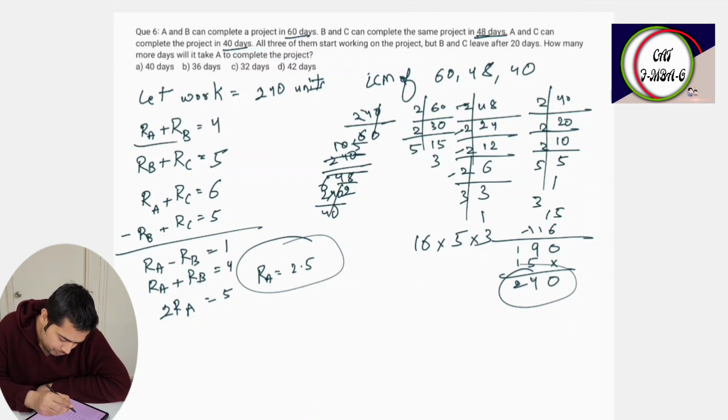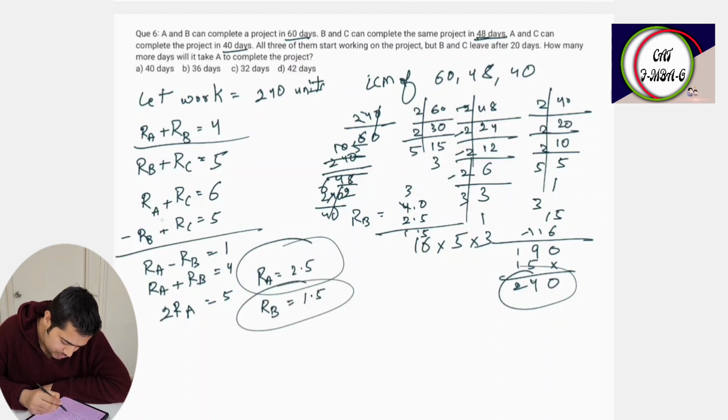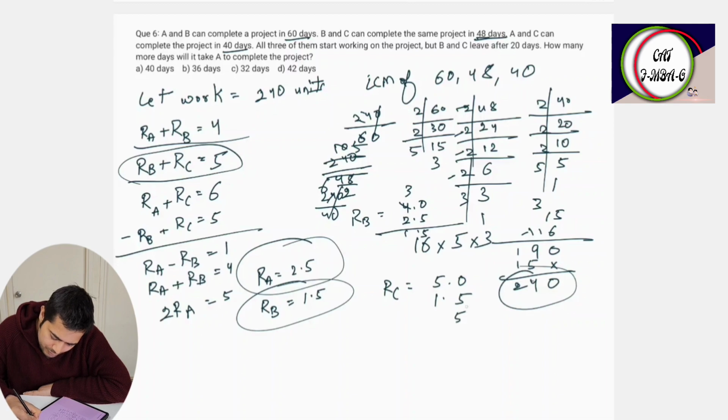RB is 4 minus 2.5, so RB is 1.5. RC is 5 minus 1.5, so RC is 3.5.